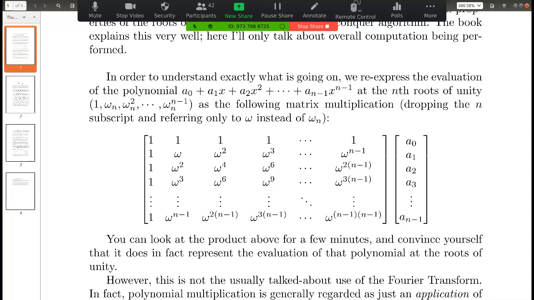If you do that, you will only take n log n time, because you're only doing FFT a couple of times, and then multiplying in the values space is just an element-wise multiplication, and it's only linear time.